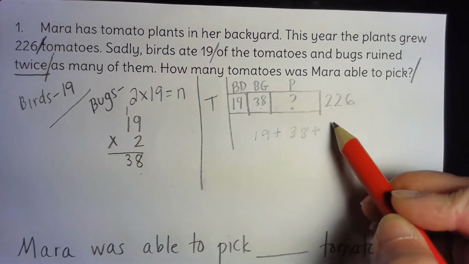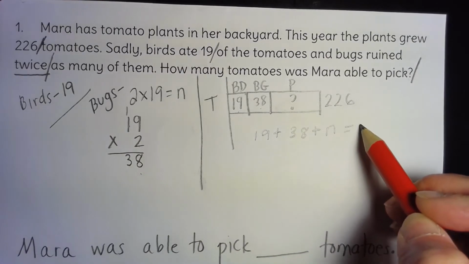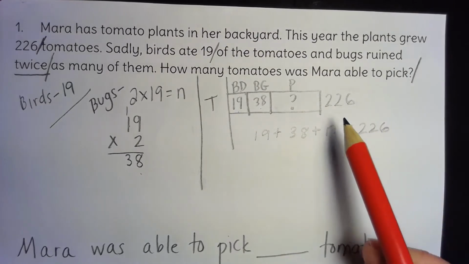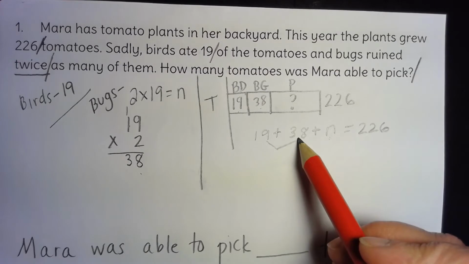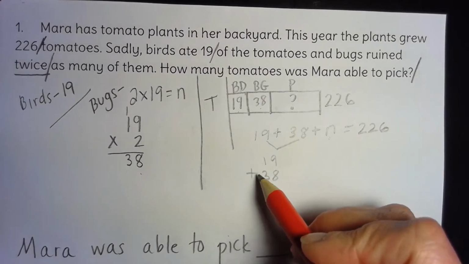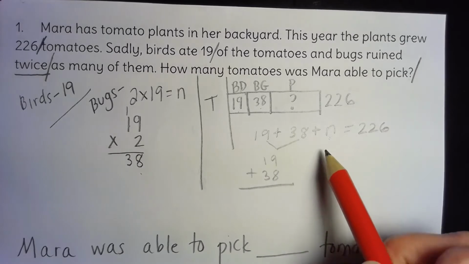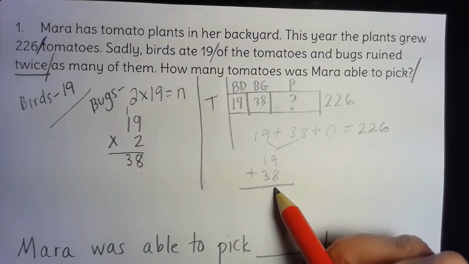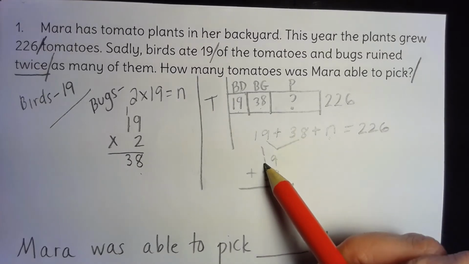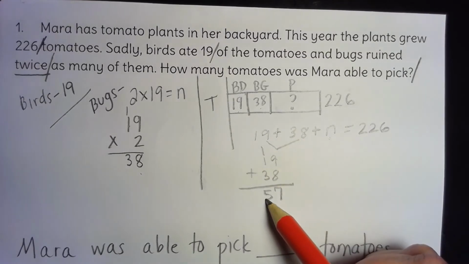The question mark becomes your N. So to figure out how many she picked, what we need to do first is add the 19 and the 38 together. When we do that, we get 8 plus 9 is 17. Put down the 7, carry the 1. 1 and 1 is 2, plus 3 is 5.